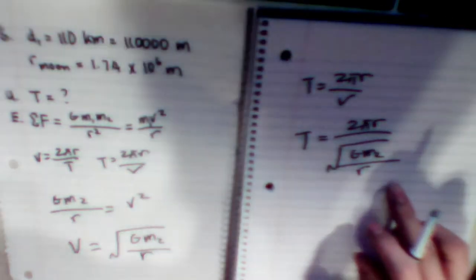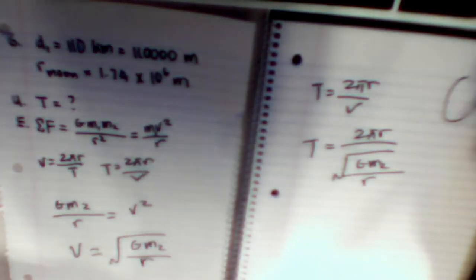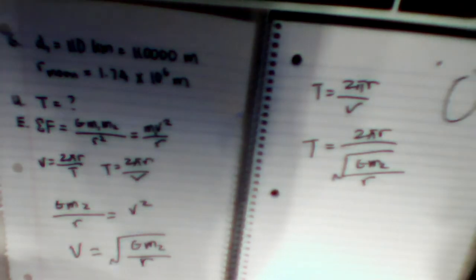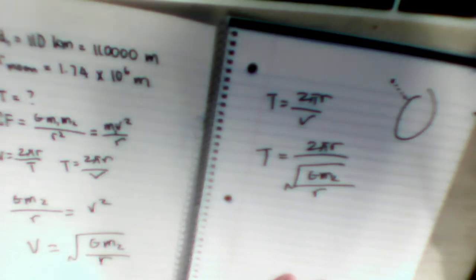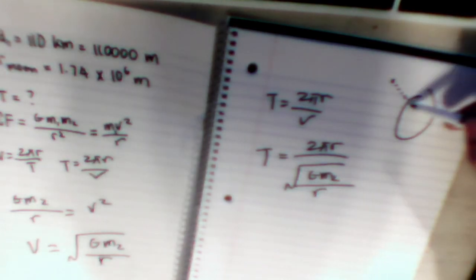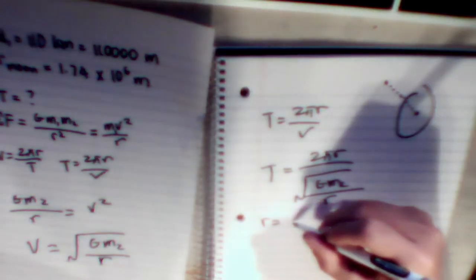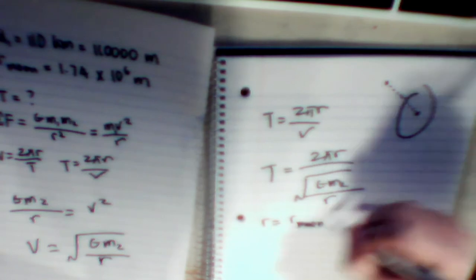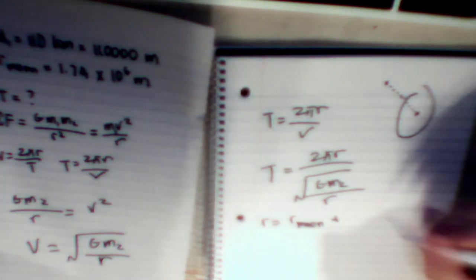Now we need to find R. Since the altitude, which is the distance from the surface to the module, is not the distance from the module to the center, nor is the radius of the moon, we want to add the radius of the moon with the distance 1, which is the altitude.